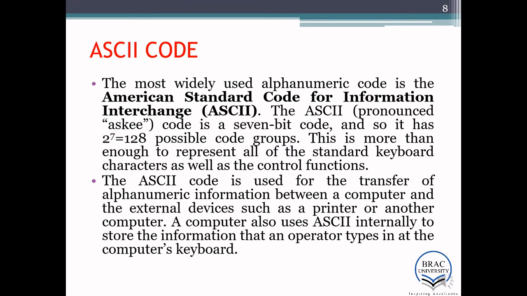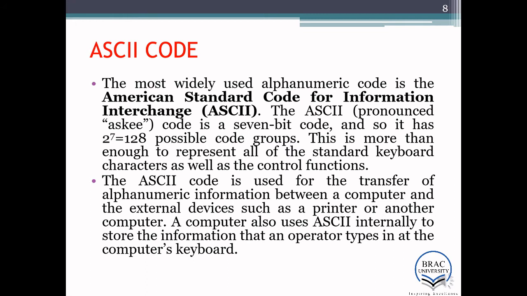ASCII code. The most widely used alphanumeric code is the American Standard Code for Information Interchange, ASCII. ASCII is a 7-bit code, and so it has 2 to the power 7 equals 128 possible code groups.